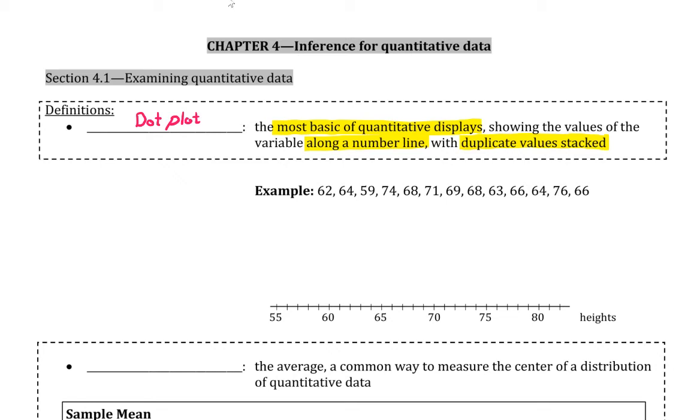To create a dot plot of the following data, we would put a dot at each value along the number line. So 62, 64.